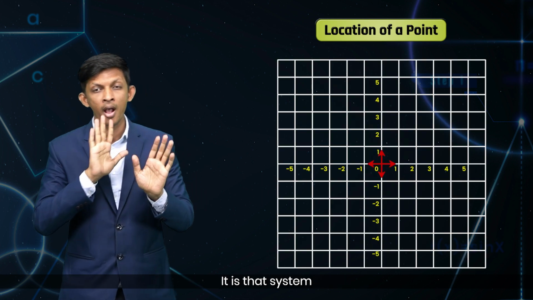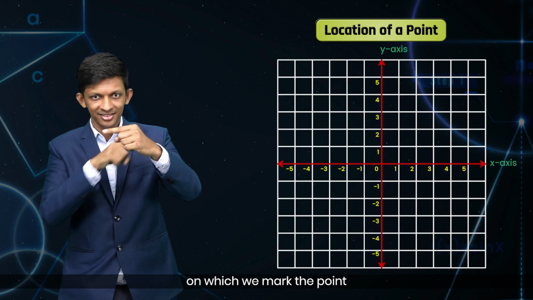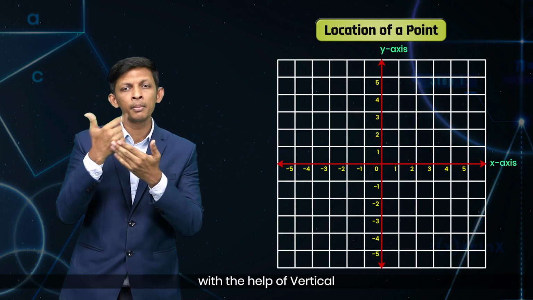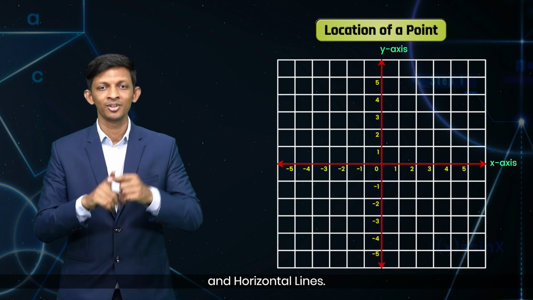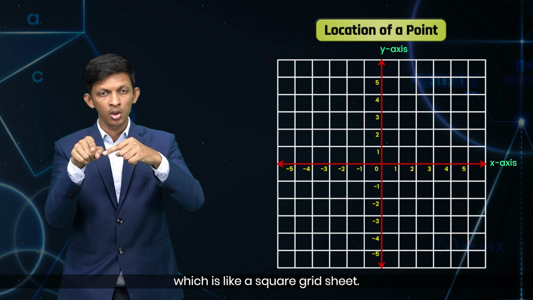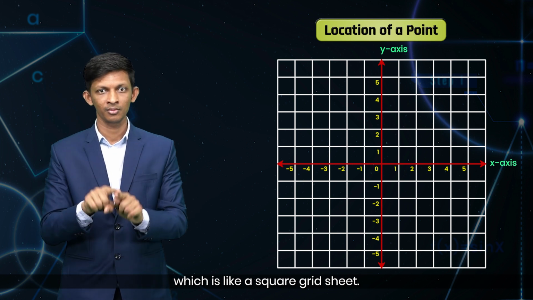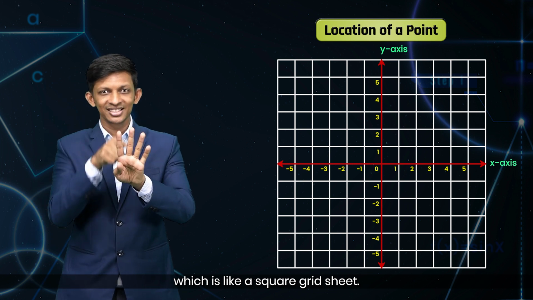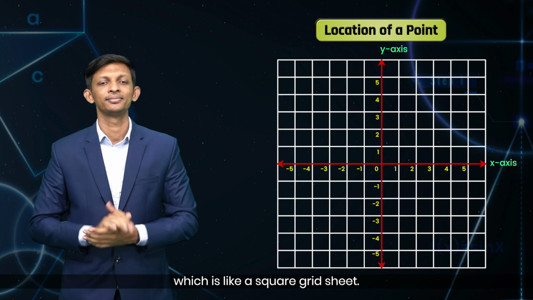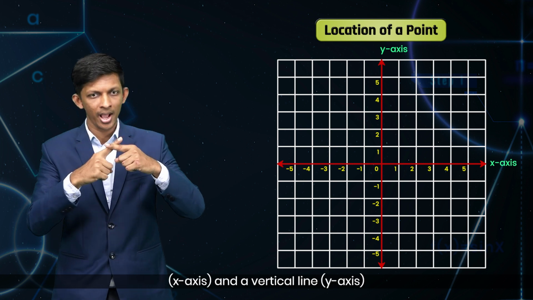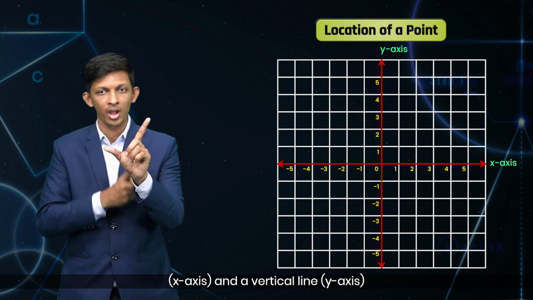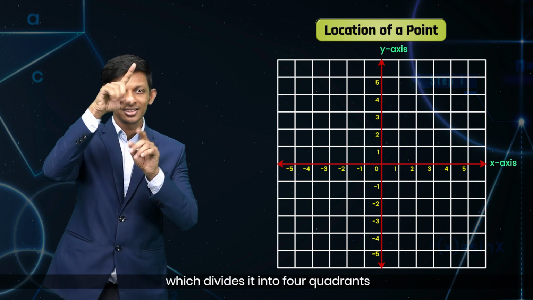It is that system on which we mark the points with the help of vertical and horizontal lines. This is a Cartesian plane which is like a square grid sheet. We make a horizontal line x-axis and a vertical line y-axis, which divides it into 4 quadrants.